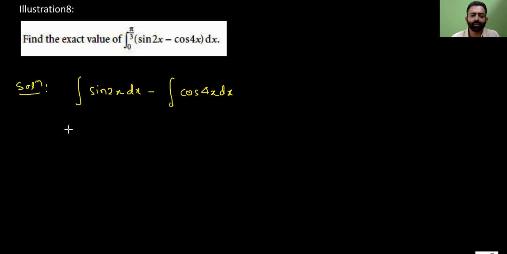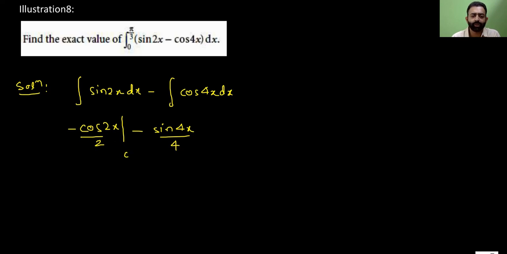Sine 2x integral is minus cos 2x over 2, and this is minus of sine 4x over 4. And remember, this 2 is a division of the whole expression by 2, not in the angle. Otherwise, this will become just x. Means first find the value of cos 2x and then divide it by 2. Now put the limits.